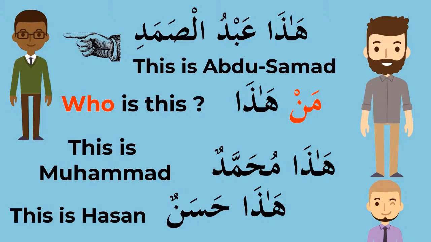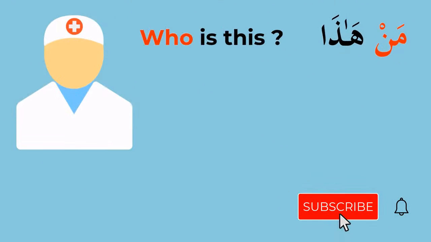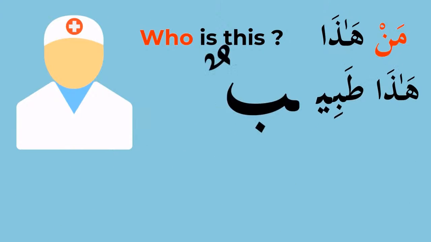So for human beings, anything aqil or rational, we use man. For ghair aqil or irrational nouns, we use ma. Simple, brother. So let's see now. Look at the picture. What is the question? Man hadha. Hadha tabibun.